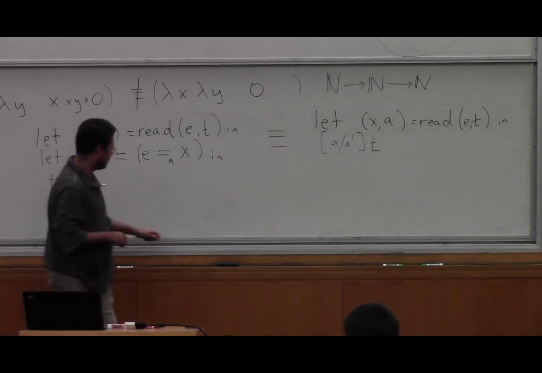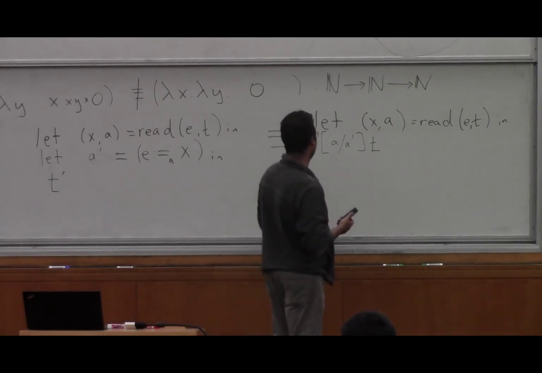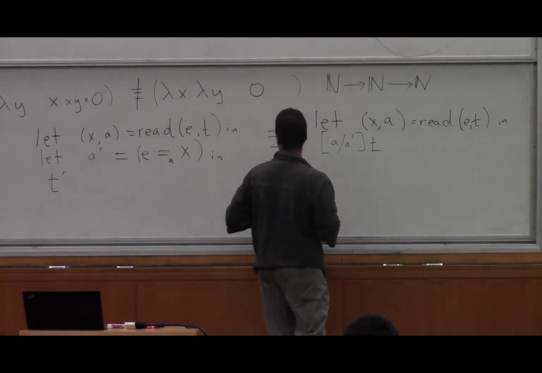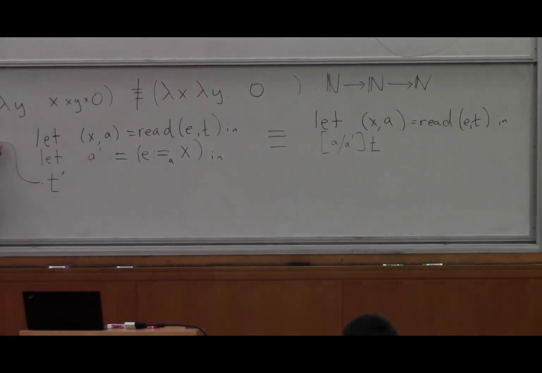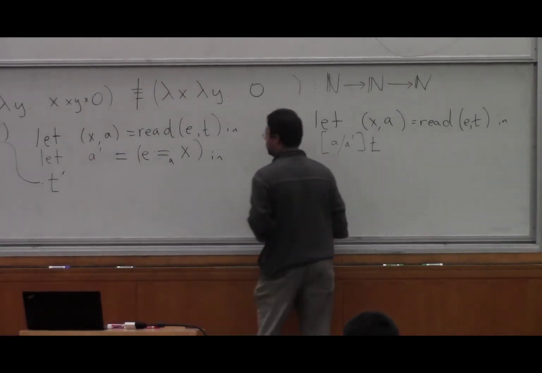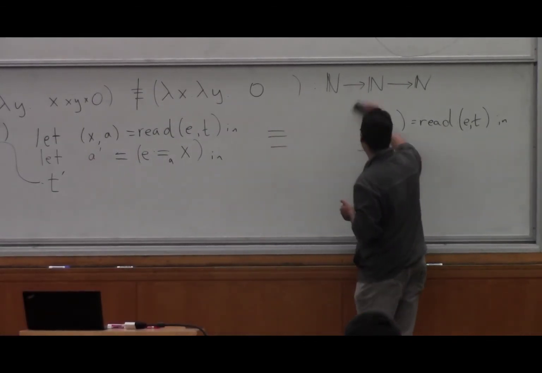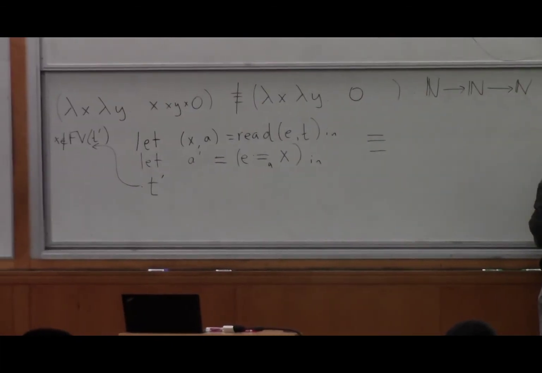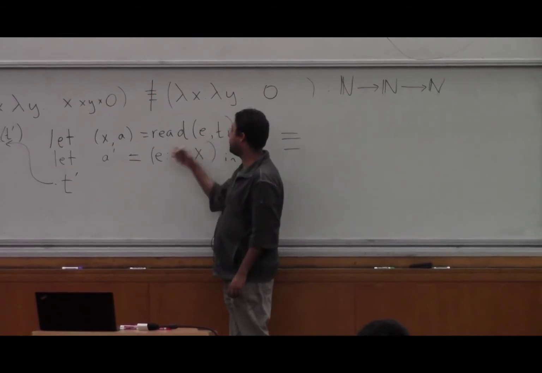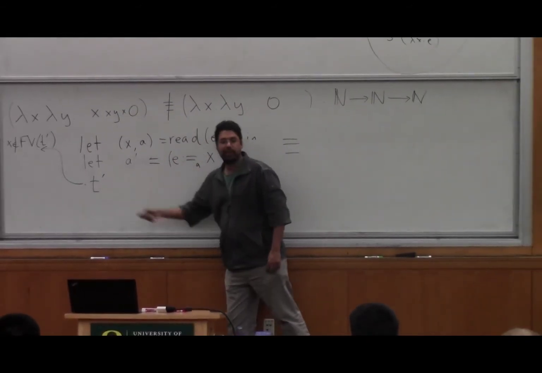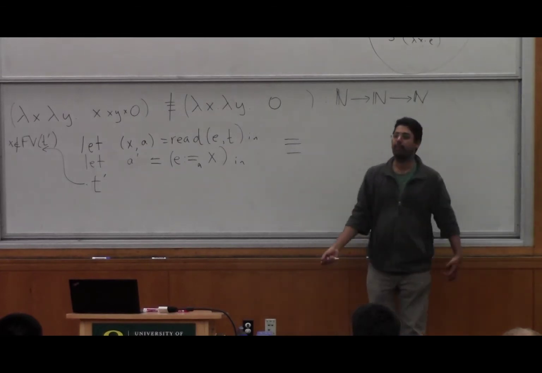So let me put in a side condition here. If we had the condition that x is not in the free variables of t prime, then we would expect this whole thing to say, well, we've done this read, we've done the redundant write, and then we didn't use the value of that read at all.